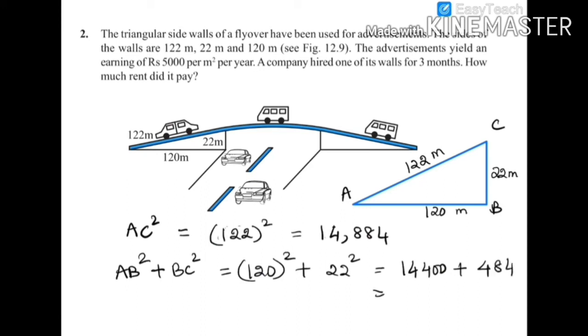On adding, we will get 14,884. So this shows that the square of the longest side is equal to the sum of squares of other two sides. This means that this triangle is right angled triangle and the angle opposite to the longest side is the right angle.